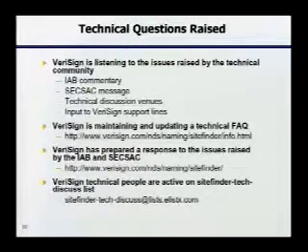VeriSign also issued a response to a number of IAB's and SSAC's concerns, and that again is at that URL below. And finally, there is a list set up to discuss this specifically, and a number of the VeriSign technical people are on that list. So feel free to join that and let people know what's going on, or say what you want to say.